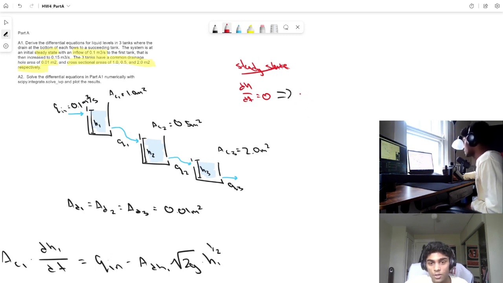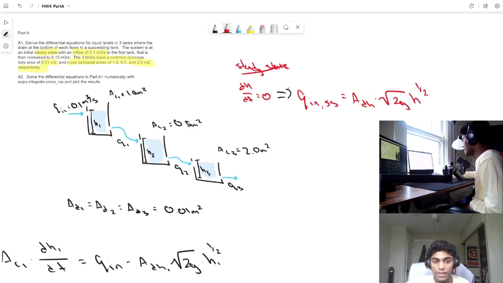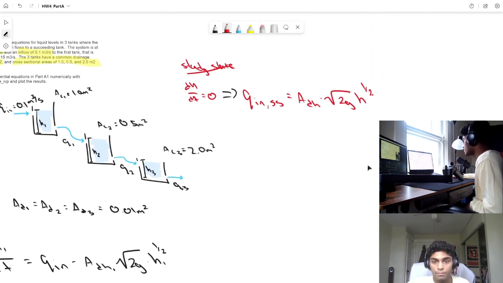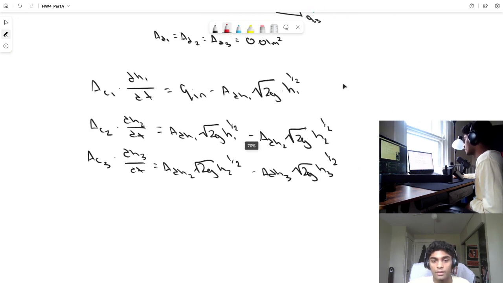Rather, it means that the flow going in at steady state is going to be equal to what we had written before, which is the area of the drainage hole times the square root of 2g times h to the 1/2, which is why we use this inflow for each of these, and the outflow also represents that. So that's why we use that, not because velocity equals 0.